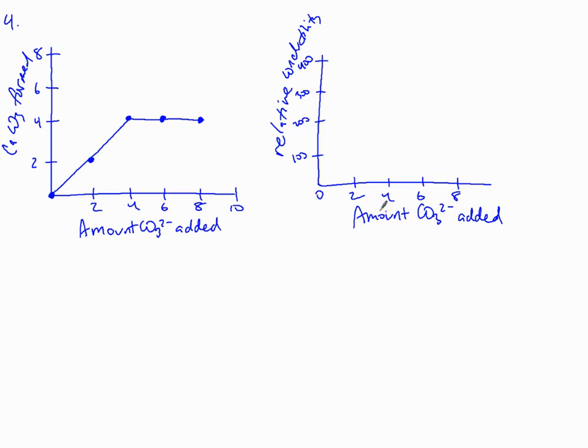So when we added 0 carbonate, the conductivity was here. When we added 2 of them, there were half as many calcium ions left. It was here. When we added 4 millimoles of carbonate, everything was gone except the solid product, no conductivity. And then it starts to go back up and looks something like this. Going down, hit 0, going back up. And this is really proportional with our excess reactants.